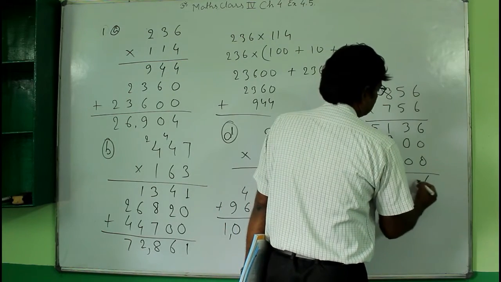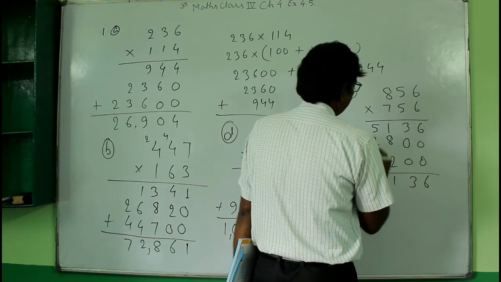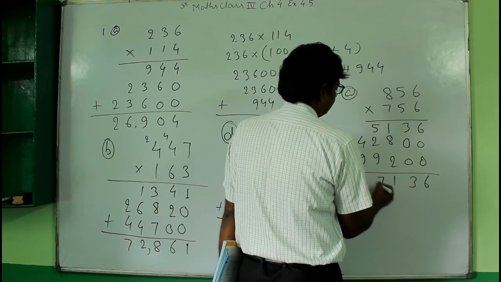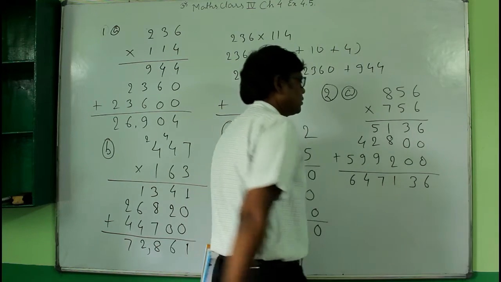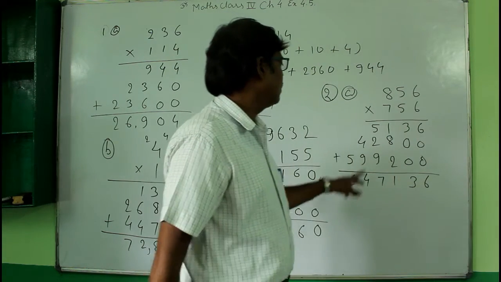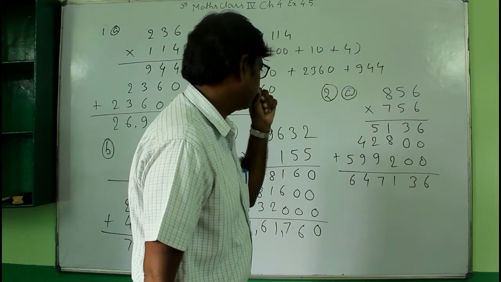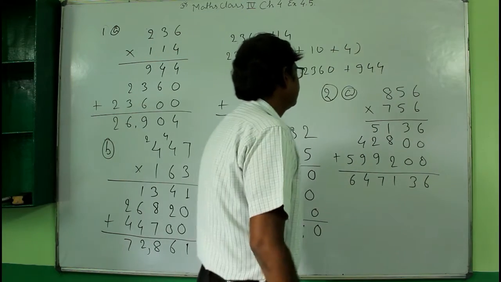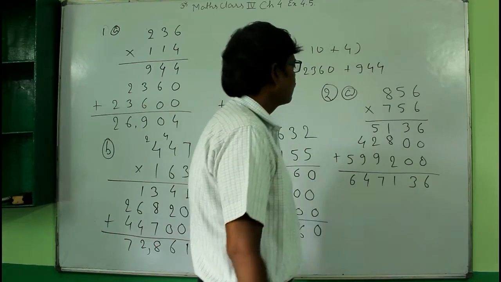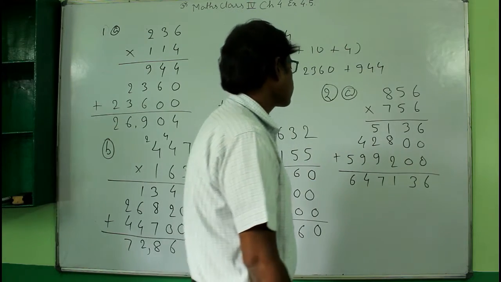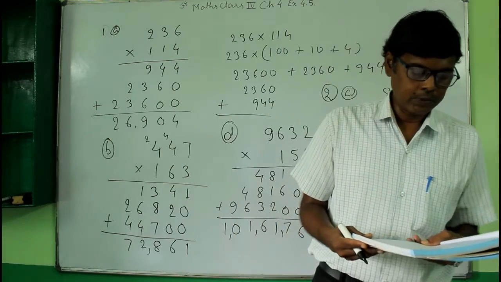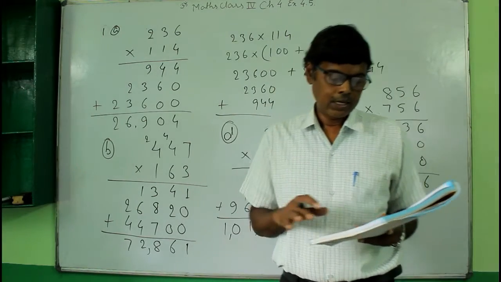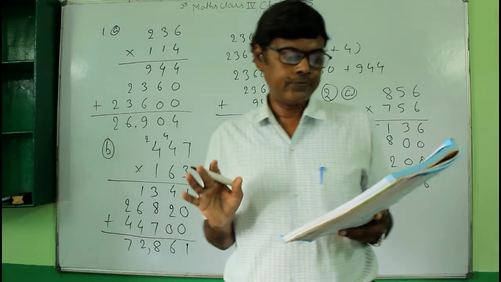It will be 6, 3, okay, this is the answer. So this is question number 2, question number A, and you will do question number B yourself.